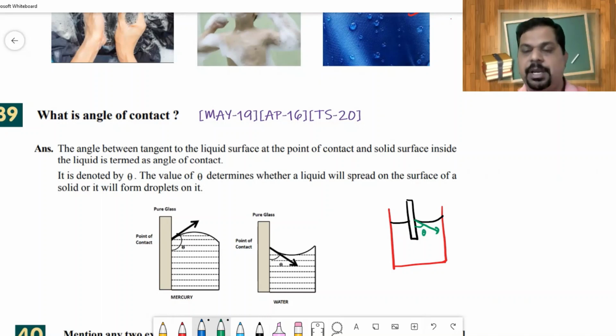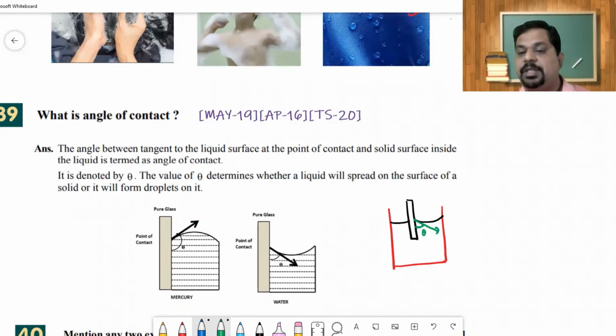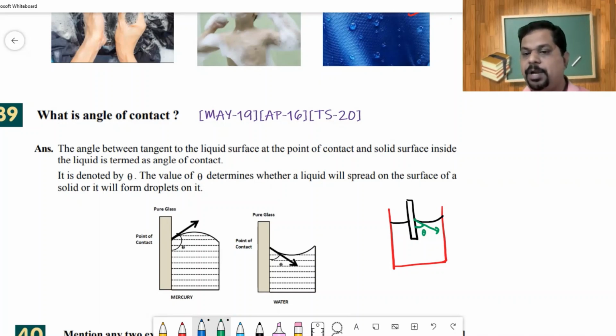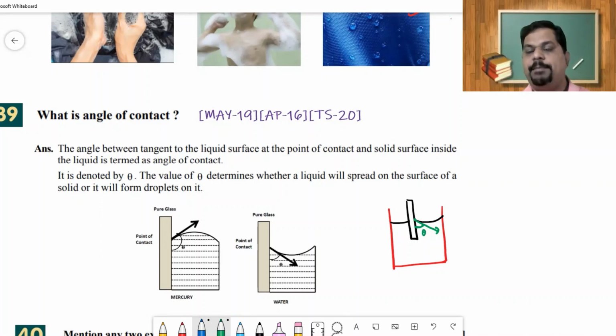So the other definition we can write very simply: the angle made by the tangent drawn at the point of contact of solid and liquid with the solid, measured inside the liquid, is called angle of contact.